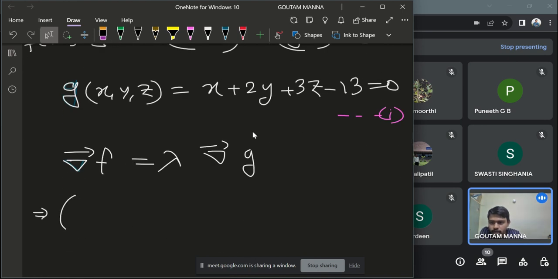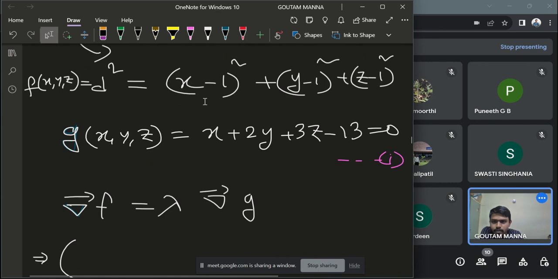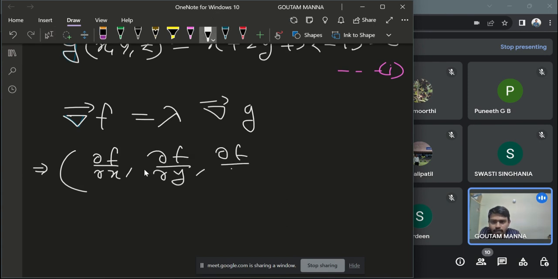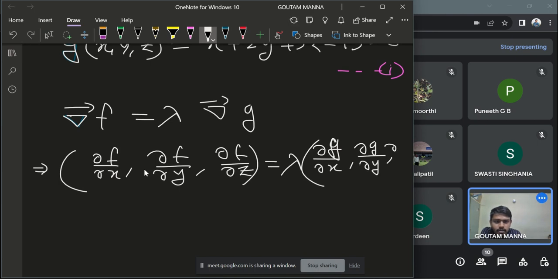If we do grad of f, the first component will be del f del x, then the second component will be del f del y, and the z component will be del f del z, equals, similarly for grad of g, the x component del g del x, the y component del g del y, and the z component del g del z.